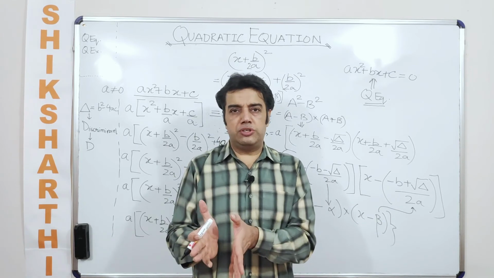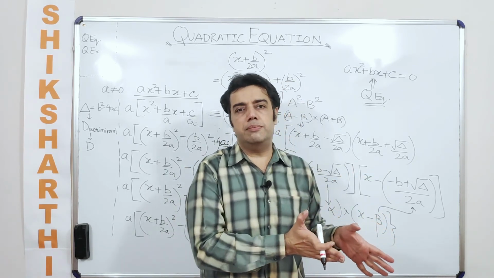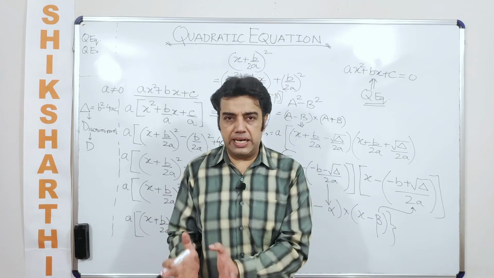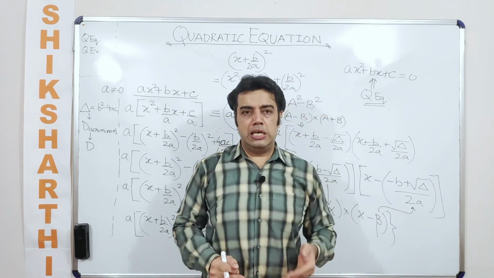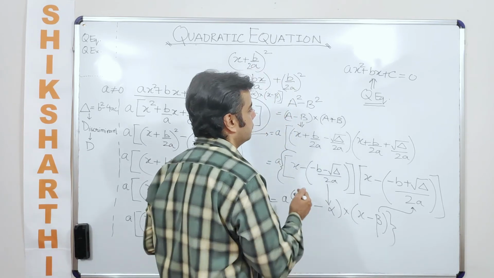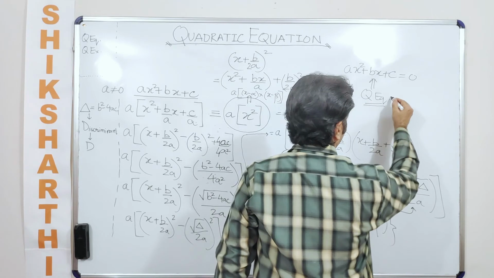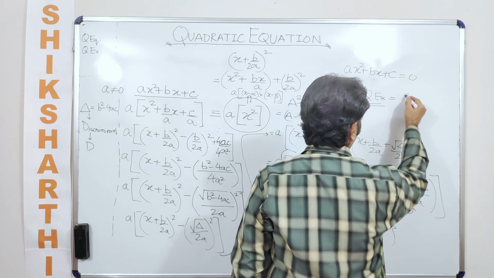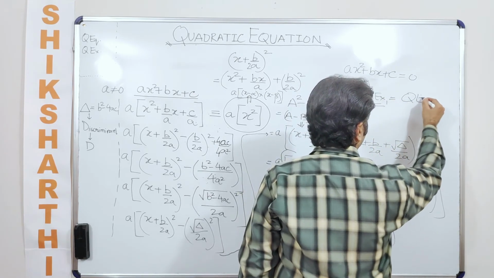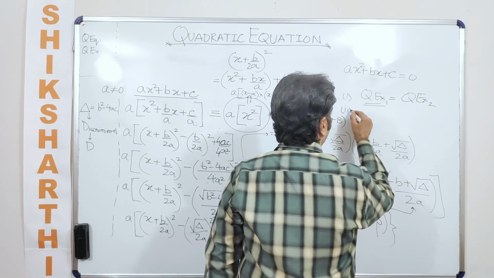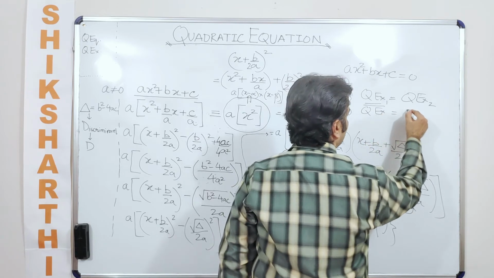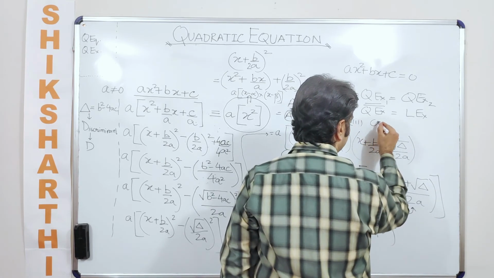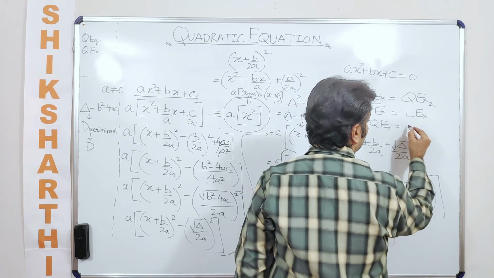So maybe a quadratic expression is equated to another quadratic expression using the same variable, or a quadratic expression is equated to a linear expression, where Lx is my linear expression, or third, when a quadratic expression is equated to a constant term.